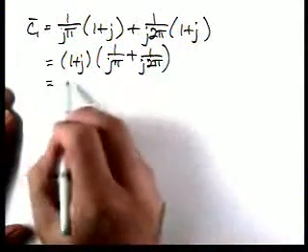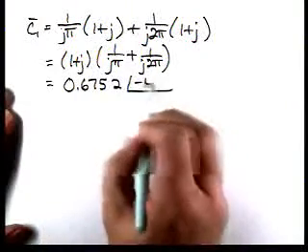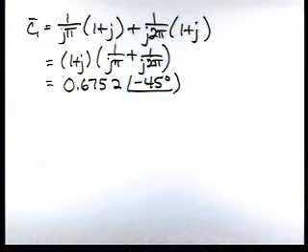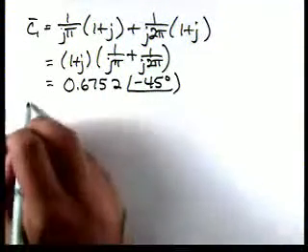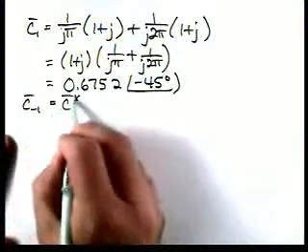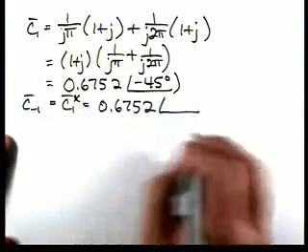And this evaluates to 0.6752 at an angle of minus 45. Now, we know that C of minus 1 is just the conjugate of C1, so it's 0.6752 at an angle of plus 45.